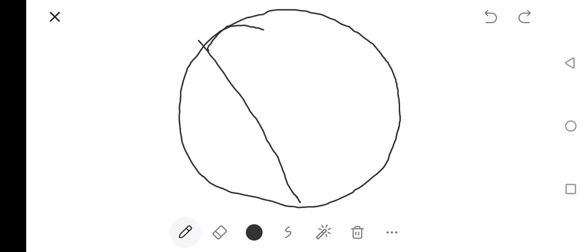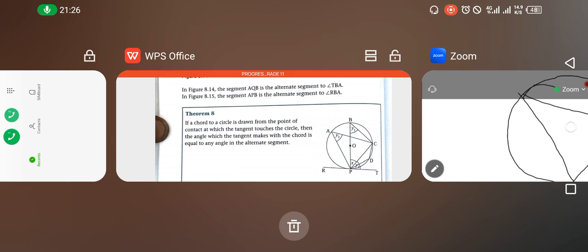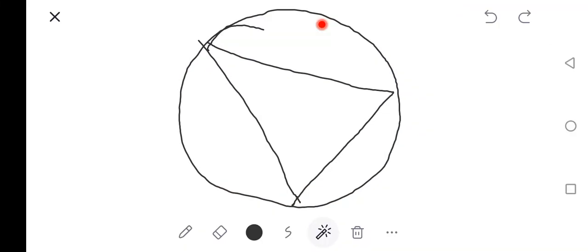So what I have here, these are chords. This is a chord, this is a chord, this is a chord. And then you have a diameter. Remember diameter? A line that passes through the center of a circle. So here is the diameter passing through this.